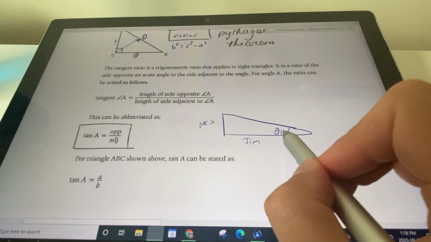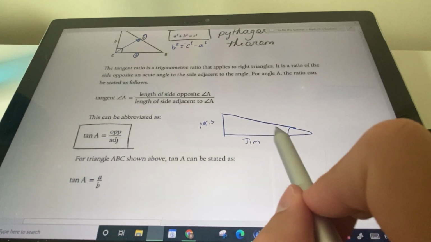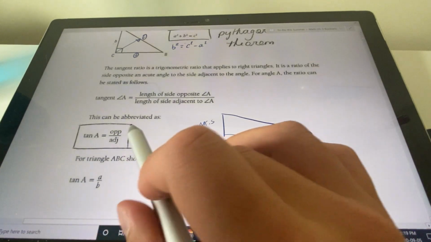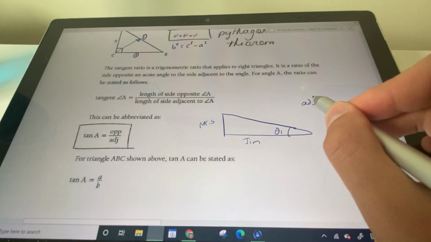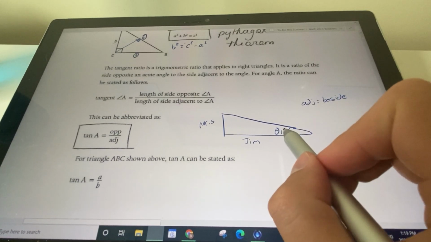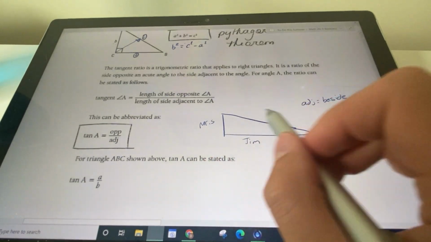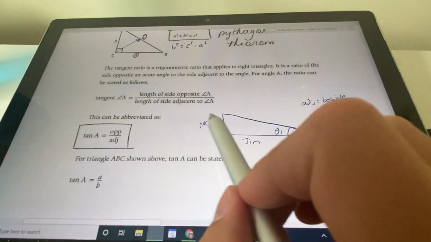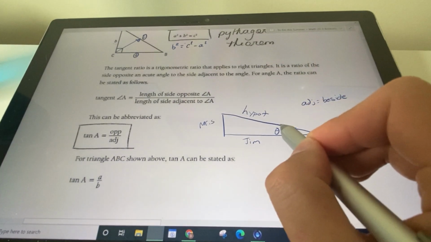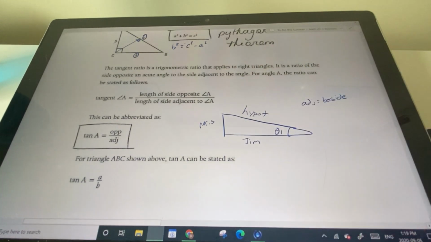If we're in the perspective of this angle here, the opposite side to this angle is Mr. S. The adjacent, recognize adjacent simply means beside, okay? The adjacent side is Jim. Now, something important to understand is your hypotenuse, because you might argue, well, hypotenuse is beside angle 1. The hypotenuse is only known as the hypotenuse.